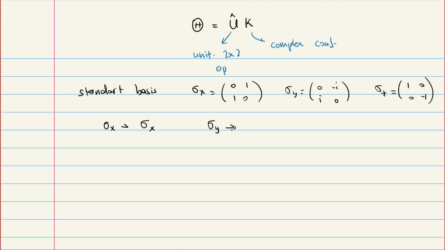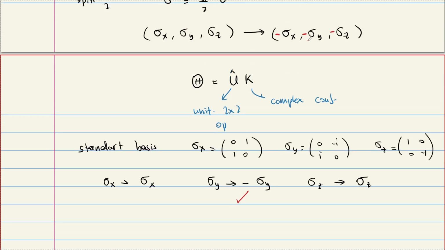Sigma y is going to go to, there's I, minus I, this is going to go to minus sigma y. And sigma z is also real. Sigma z is going to go to sigma z. So this one is check, right?